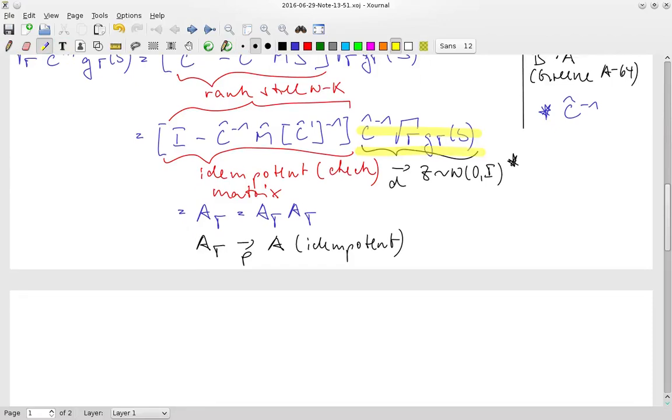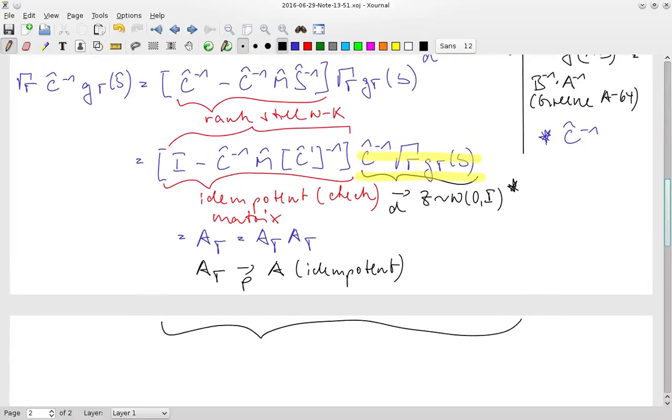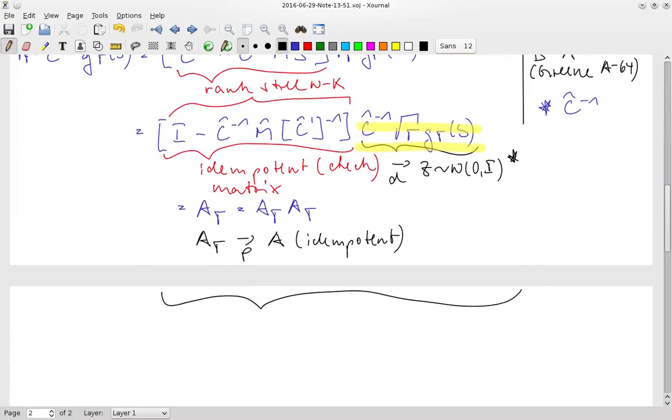The point to note is that the whole expression on the right hand side is going to converge in distribution to A times Z. So something that is standard normal is multiplied with a non-random matrix A, and that happens because of the Slutsky theorem that we've discussed earlier in class.